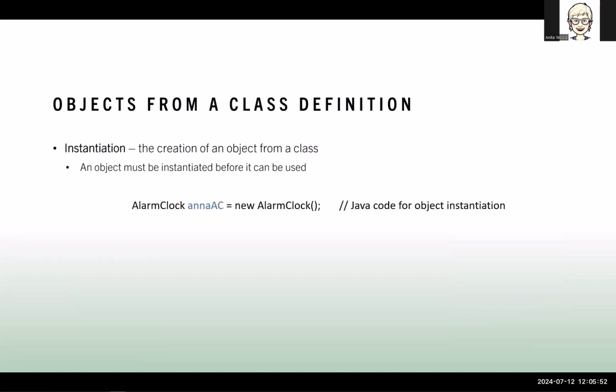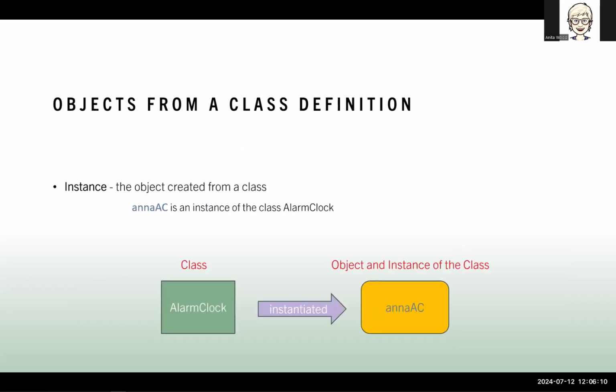For now, here is the example of the Java code for instantiating an object called AnnaAC from the alarm clock class. The object that is created through instantiation is called an instance of the class. So AnnaAC is an instance of the alarm clock class.